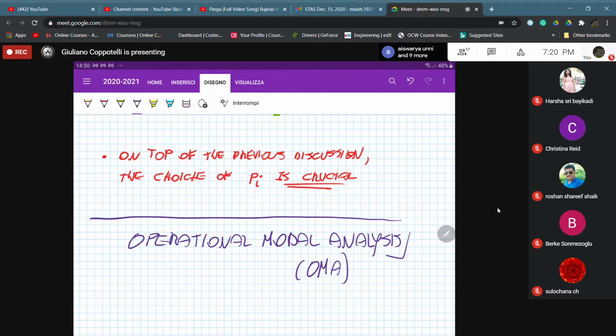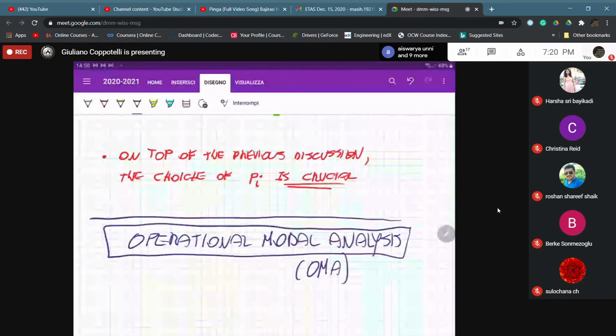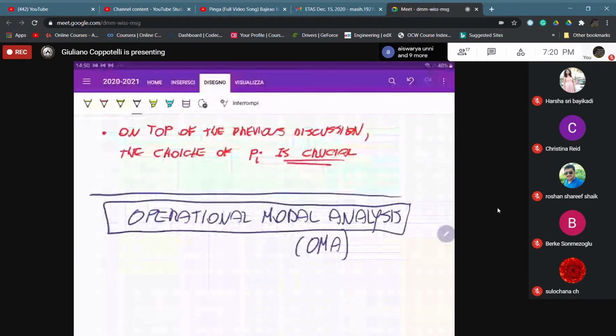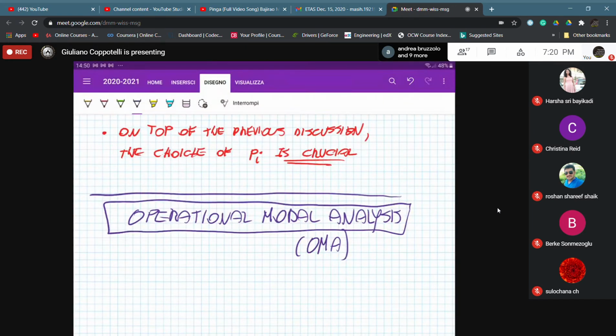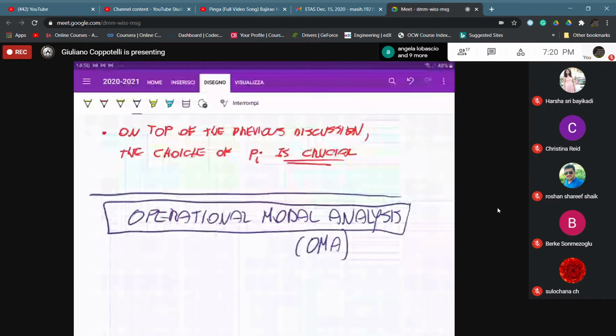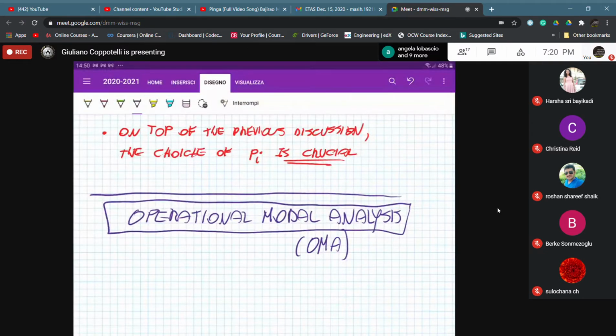And this operational modal analysis has the main objective to estimate modal parameters without the information of the input excitation.